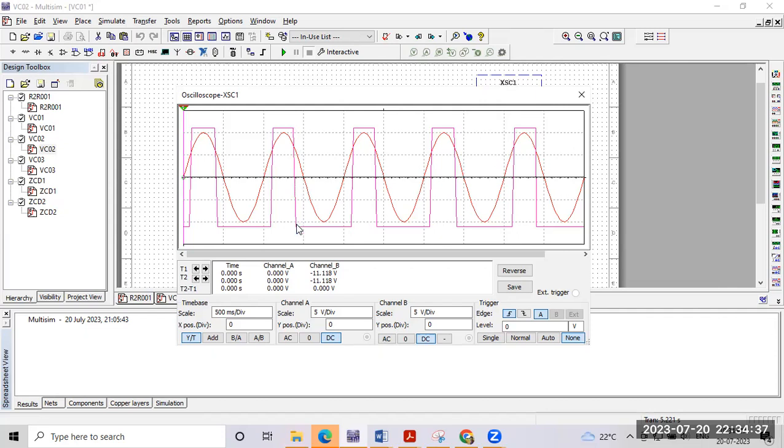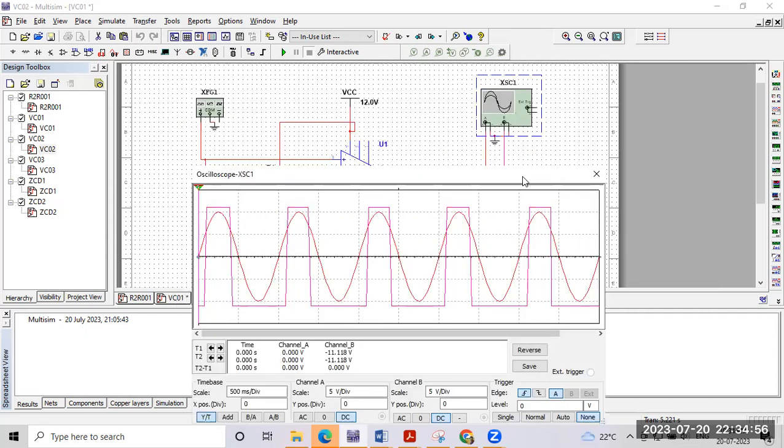The ultimate aim in the non-inverting voltage comparator: when our input is negative, the output is also negative; when the input is positive, the output is also positive. The cycle maintains the same thing. This is the positive reference.